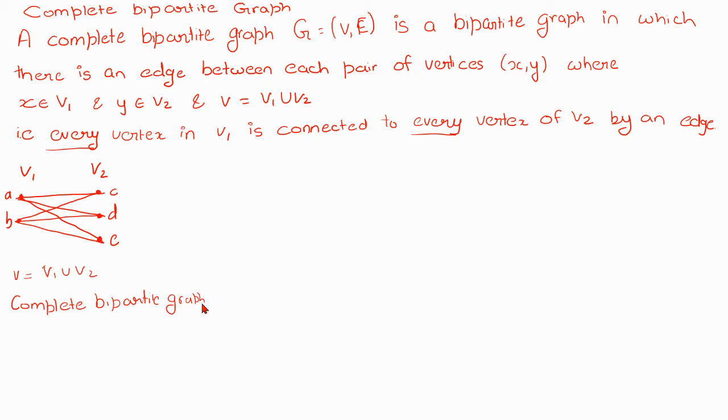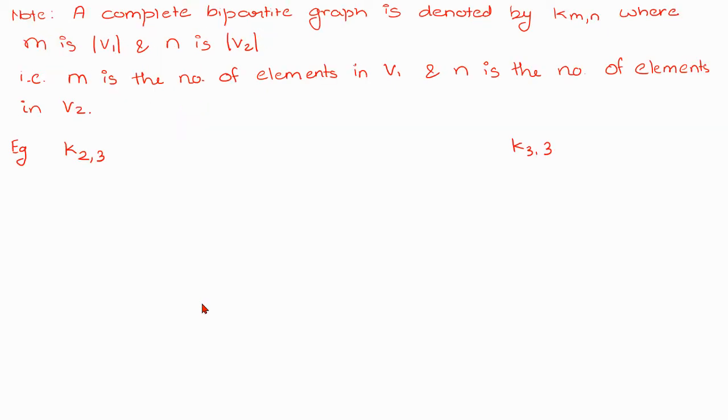A complete bipartite graph is denoted by K(M,N), where M is the number of elements in V1 and N is the number of elements in V2.